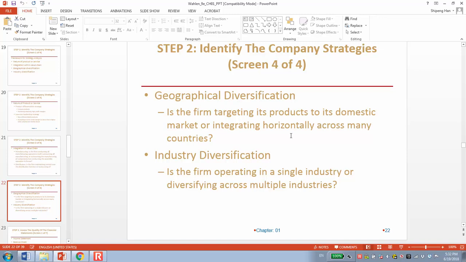So you see, different companies have different strategies. The reason is they want to survive. They want to achieve their goal to sustain their competitive advantages.